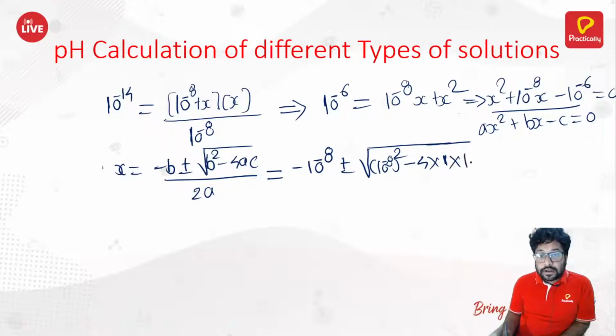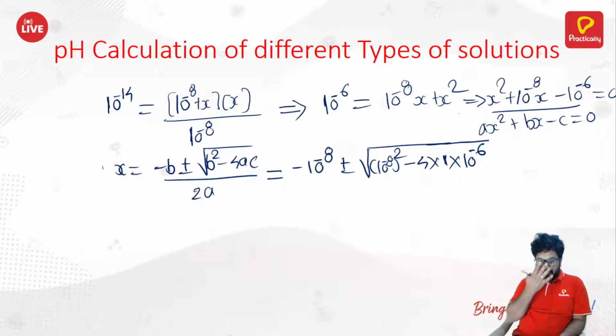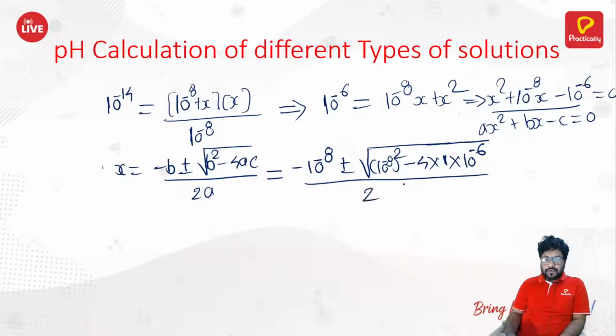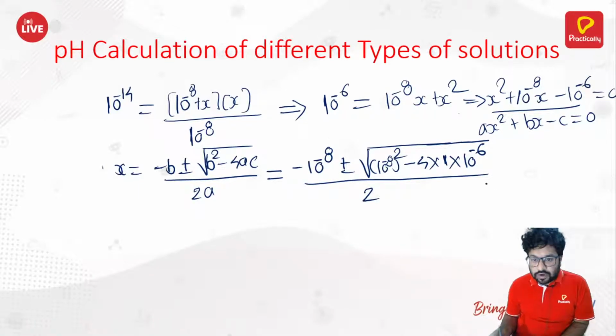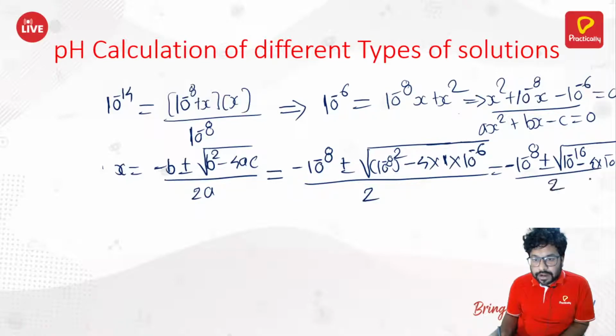C is 10 raised to minus 6. So that divided by 2. Now what do we get here? Minus 10 raised to minus 8 plus minus under root 10 raised to minus 16 minus 4 into 10 raised to minus 6, divided by 2.